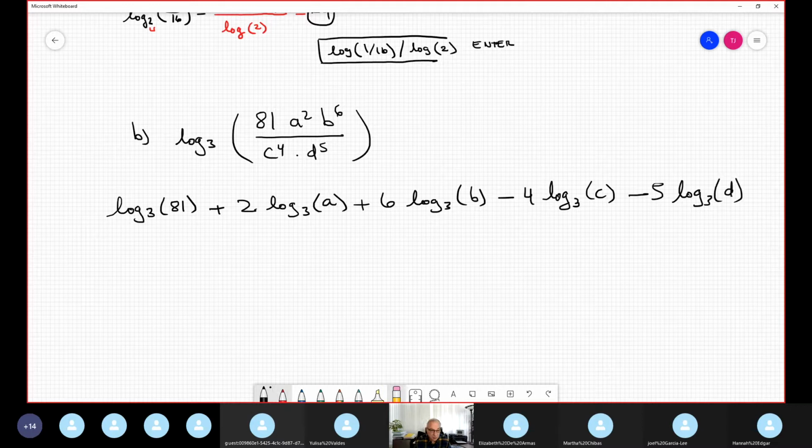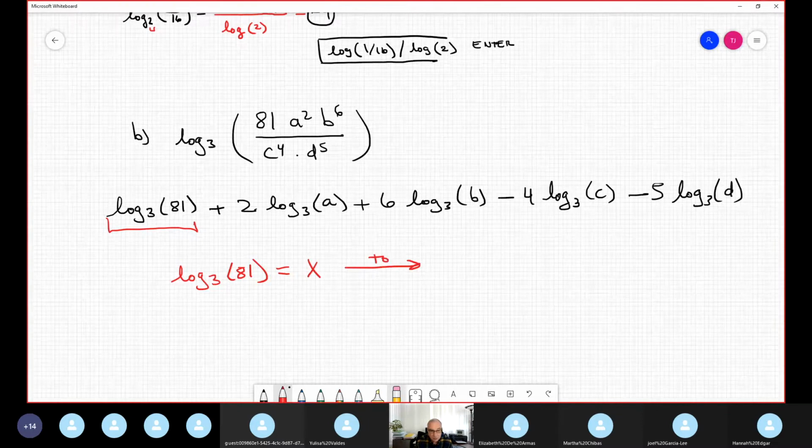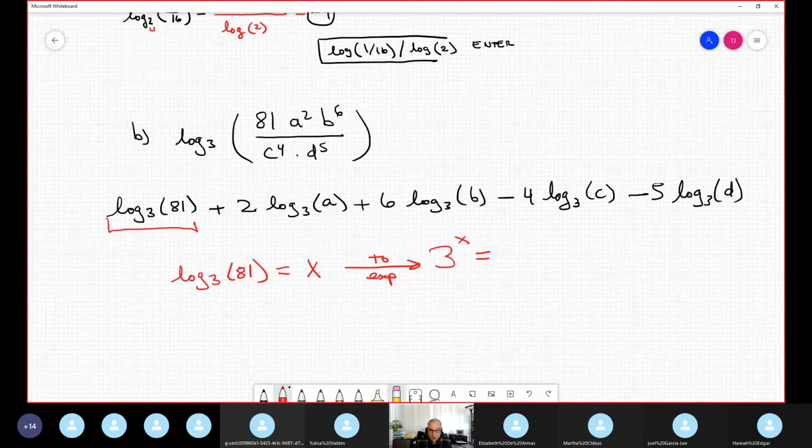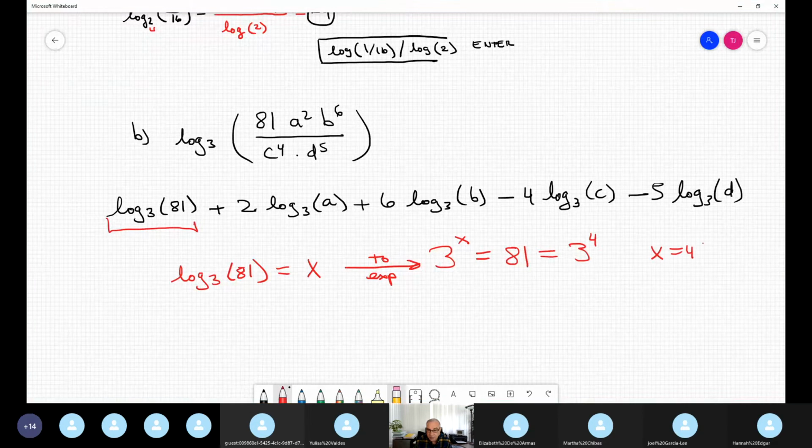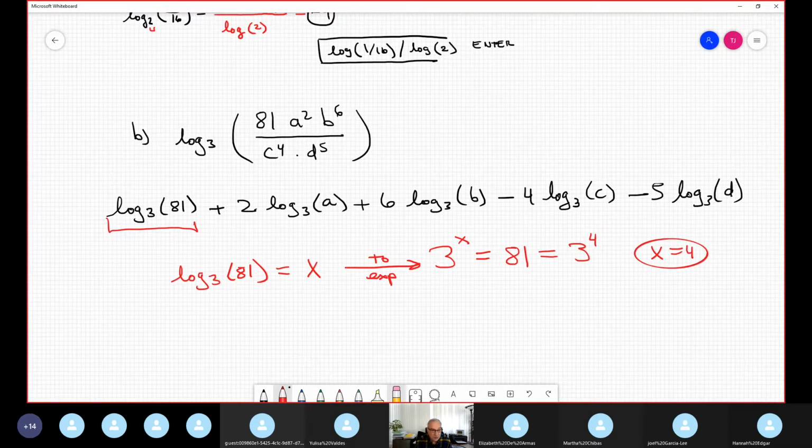Now I need to focus on that part: the logarithm base 3 of 81. Suppose I make a decision to compute it by hand. You convert to exponential. The base is 3. The exponent, I have no idea. It's 81, but I know that 81 is 3 to the 4th power. Therefore, x is equal to 4.